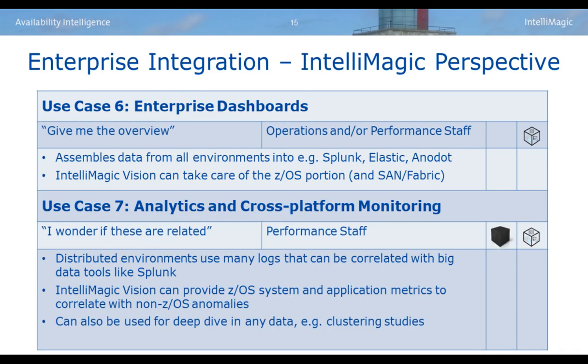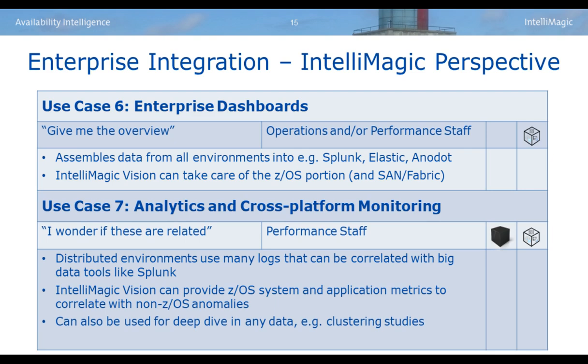Then there's a second set of requirements which I've labeled use cases 6 and 7, which are related to the modernization efforts that some of our customers are starting, where they would like to have a centralized dashboard that not only shows the data from the z/OS, but also from network and applications and all kinds of different IT aspects.